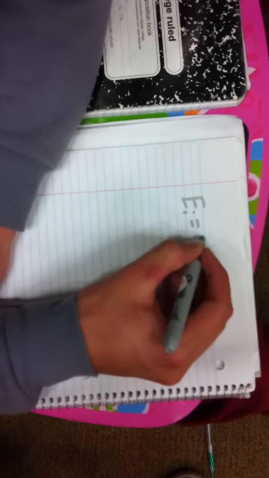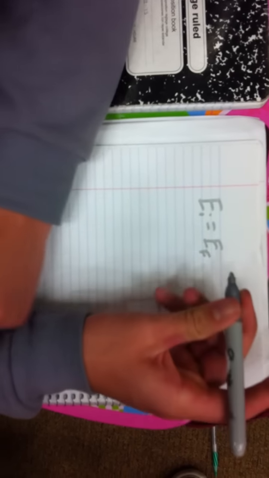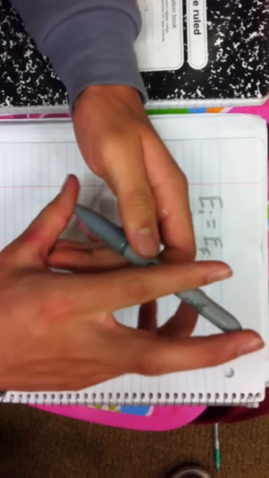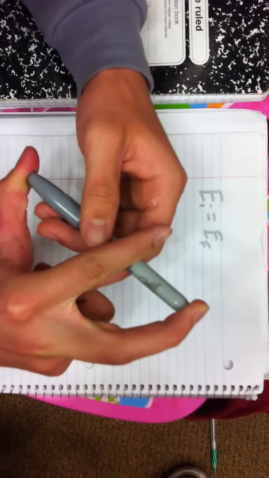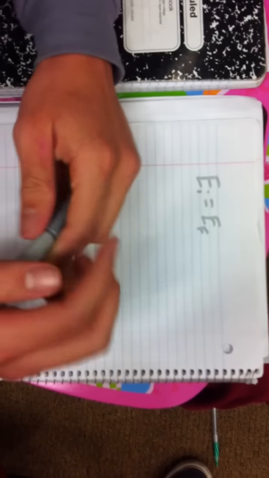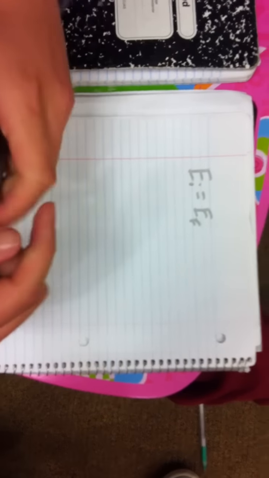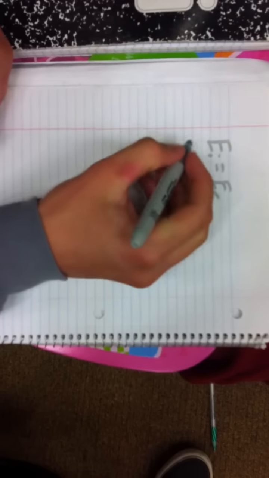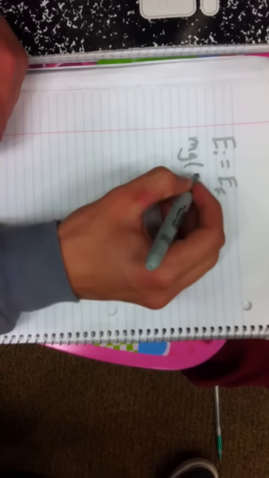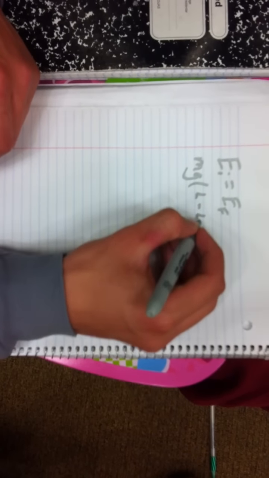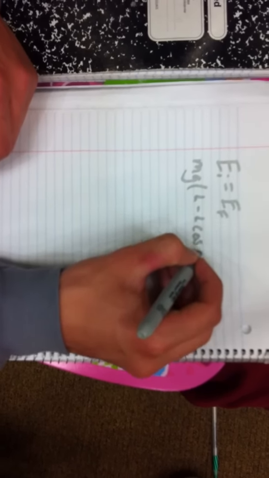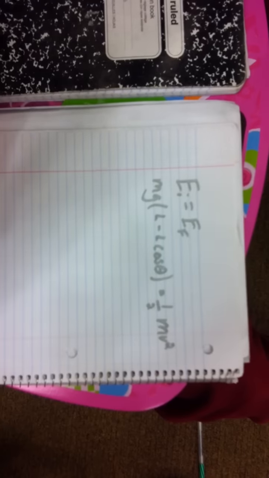Okay. The next part, we're going to need to use a little bit of energy. So we can write E initial equals E final, since there weren't any outside forces acting on the system to take away energy. And then we're going to use our simple harmonic equation for a pendulum. mg(L minus L cosine theta) equals 1/2 mv squared.